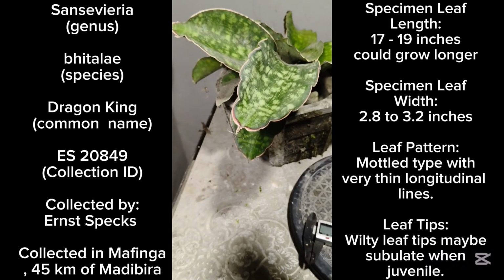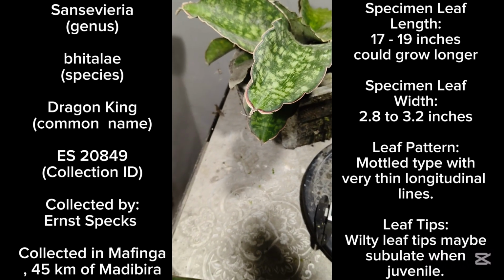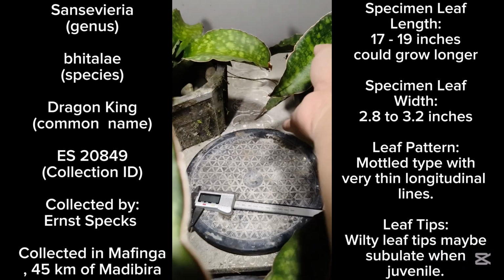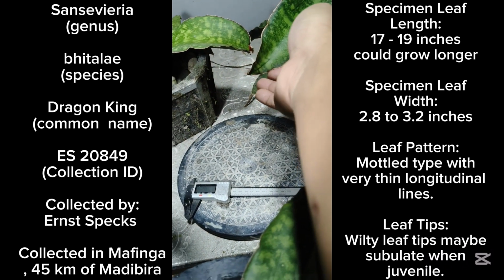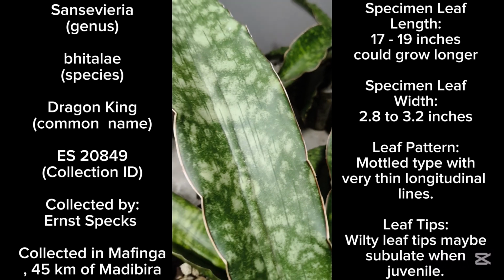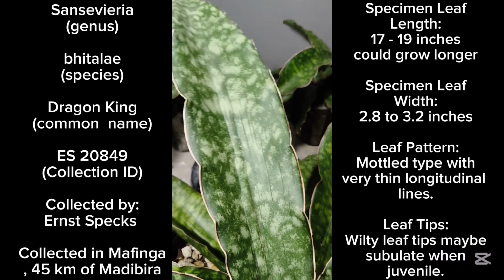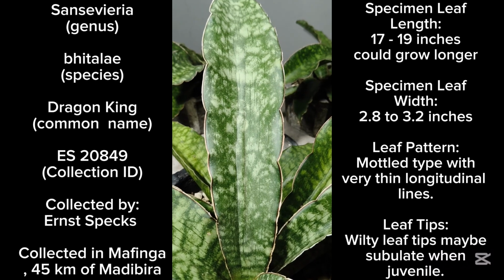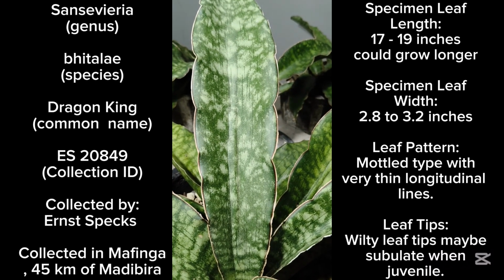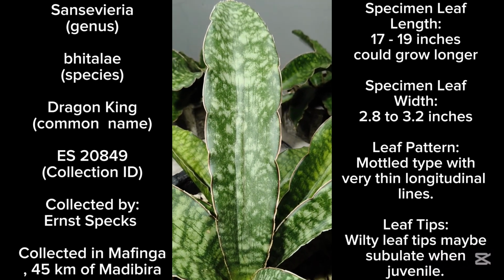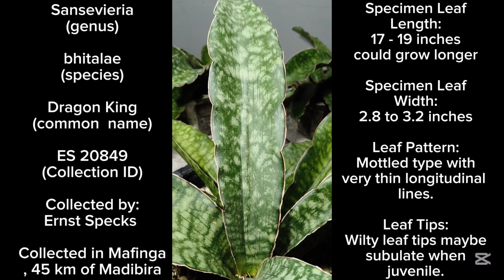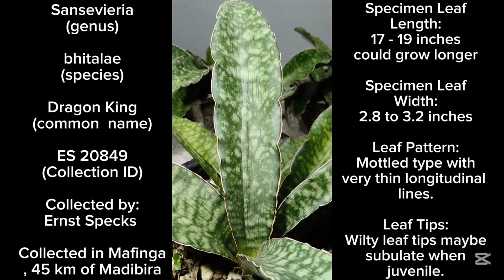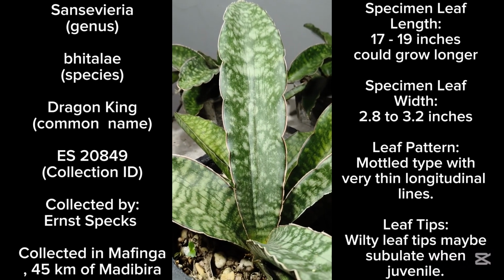Same with Dragon Wing, you see that the tips are wilty, the edges are reddish in coloration. Same thing with Jade Dragon. They all end up with wilty tips when they grow into maturity. So aside from that, we have already taken measurements. We have described the pattern. I think I have pointed out the difference with regards to identifying Dragon King from Dragon Wing and Jade Dragon.